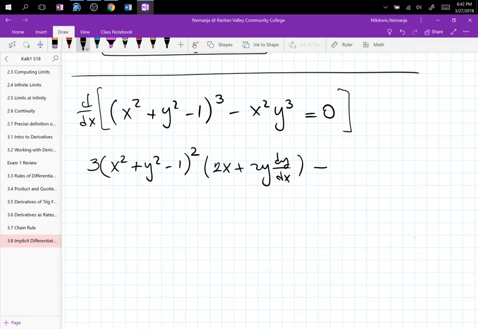And then we have minus, and there is the product rule here. So copy the first times derivative of the second, which has dy dx, plus copy the second, and derivative of the first is 2x, equal to 0.